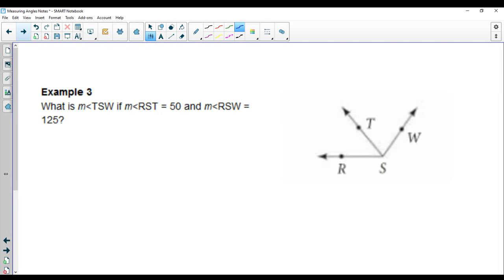Now, see how there's a little m right here? When you see little m and then angle and then some letters, ABC, that's asking you for the measure of that angle. Okay? So what is the measure of angle TSW? So I'm going to go over here and look. TSW.